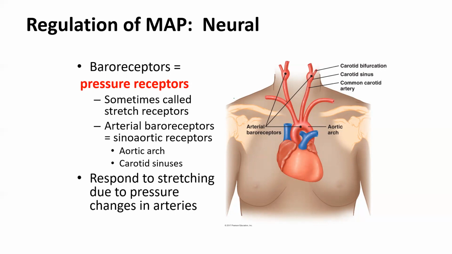So if the blood in these vessels is under a lot of pressure, it's going to create more stretch on these structures. And then we're going to have an increase in firing frequency on the nervous tissue in these areas. And if there is low pressure in these vessels, we're going to have the opposite. It's going to decrease in stretch and therefore decrease the firing frequency of the nervous tissue in these areas.